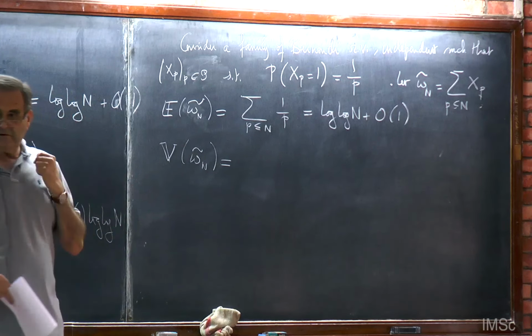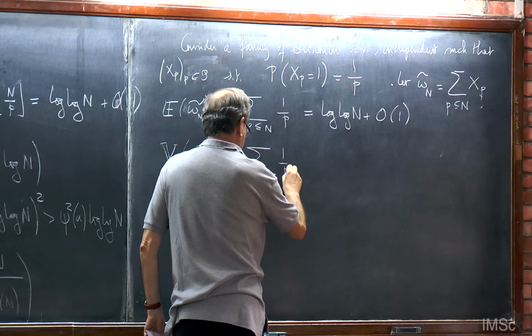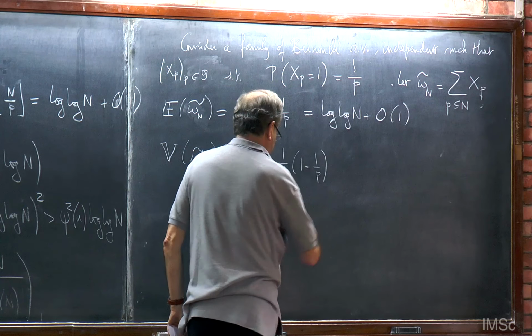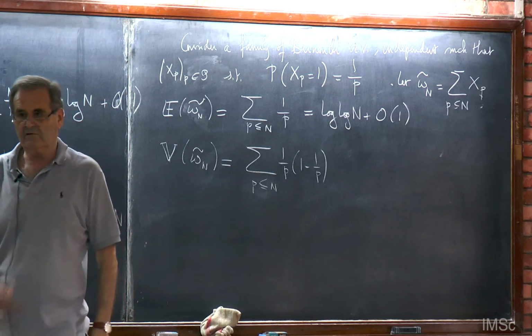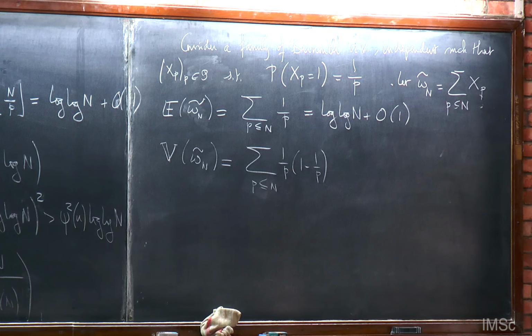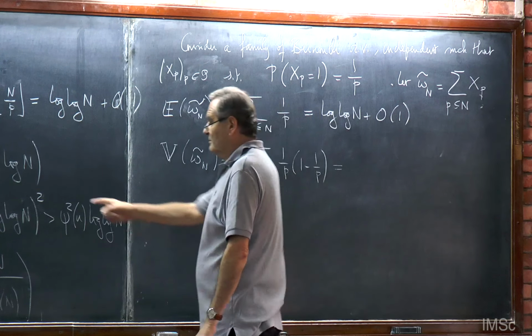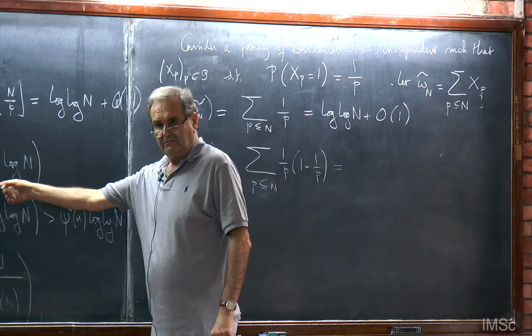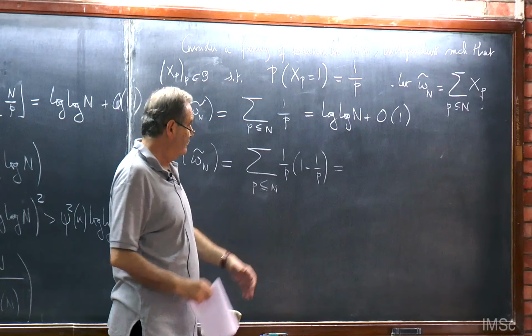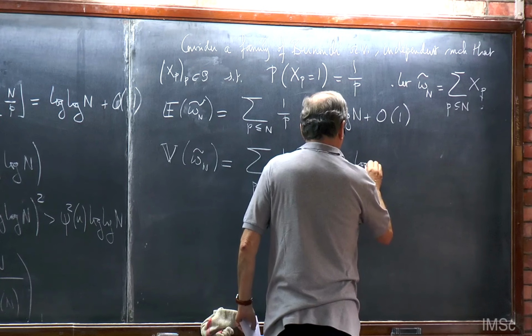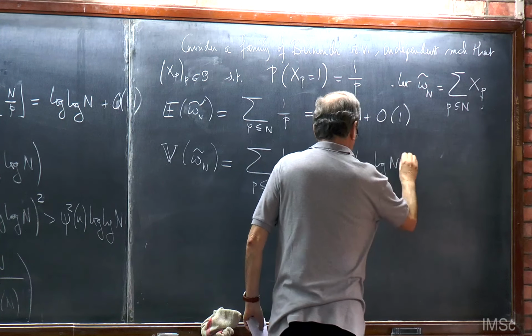So the sum of the variances is the summation over p up to n of 1 over p times 1 minus 1 over p. This is the variance of a Bernoulli random variable. This is not too difficult to get. And you understand immediately what you get. Here, the proof I'll give you immediately. Because summing 1 over p, you know it is log log n plus big O of 1.